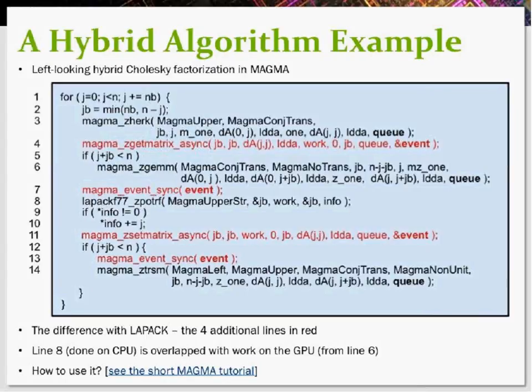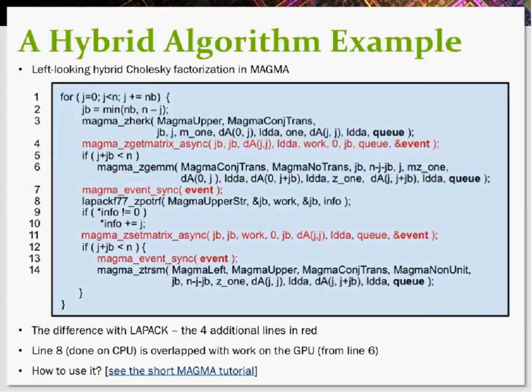Now we want to make sure that the data sent on line 4 has arrived, so we can synchronize. If it has, then we continue on line 8, which does the panel factorization on the CPU with standard code from LAPACK. When LAPACK finishes on line 11, we send the result back to the GPU.